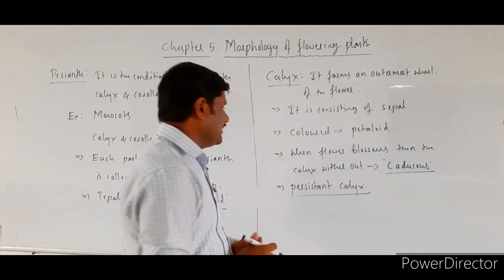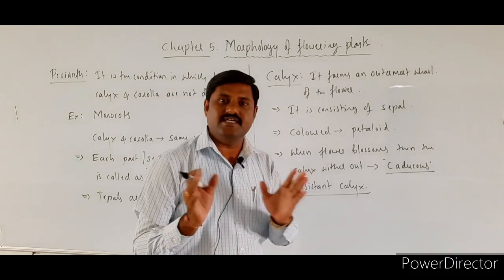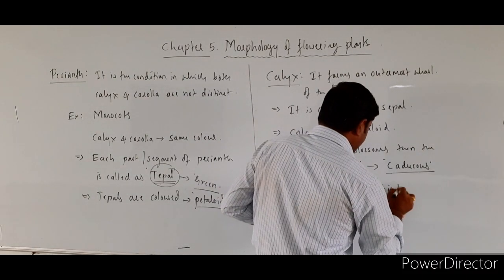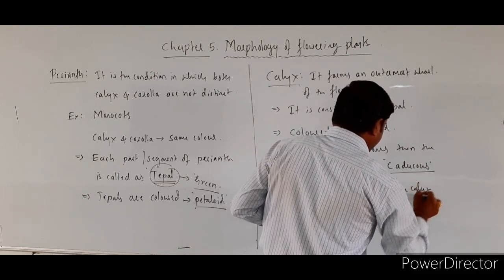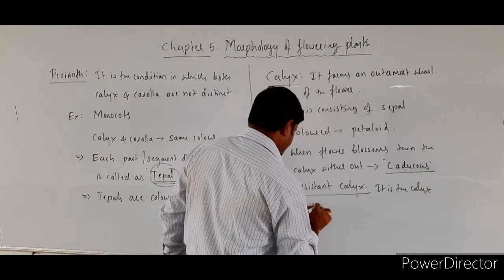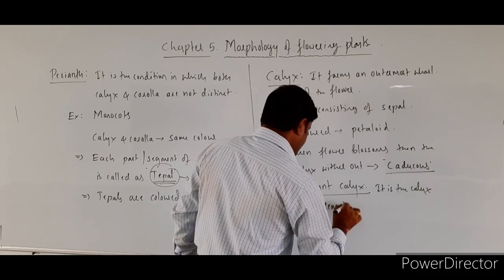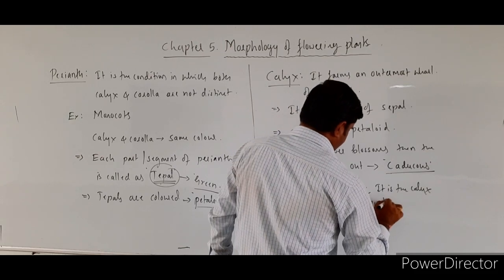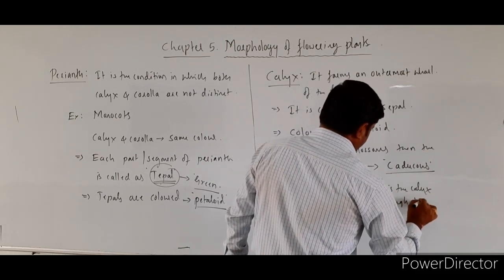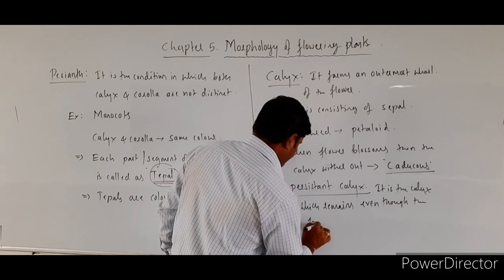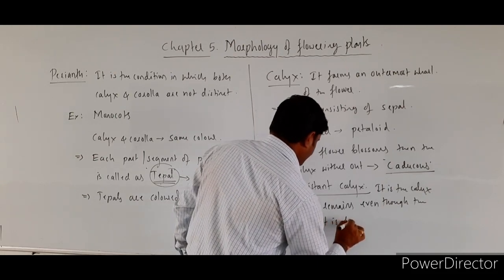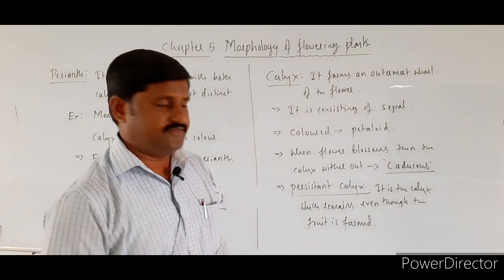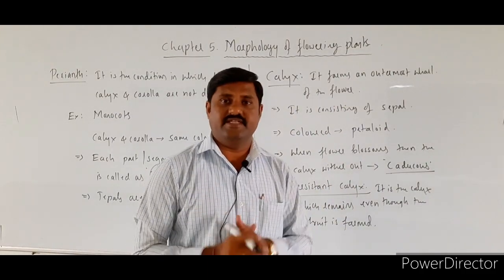That kind of calyx is said to be a persistent calyx. It is the calyx which remains even though the fruit is formed. Along with the fruit, this calyx remains there.